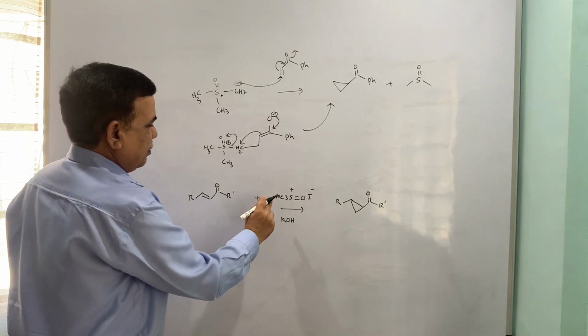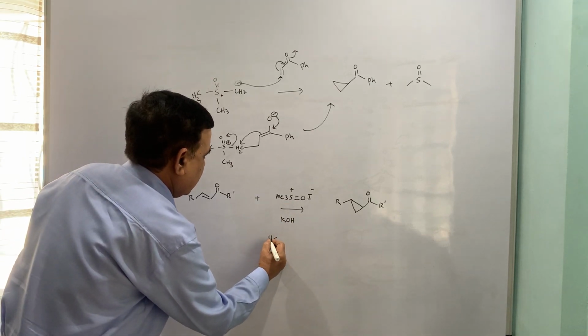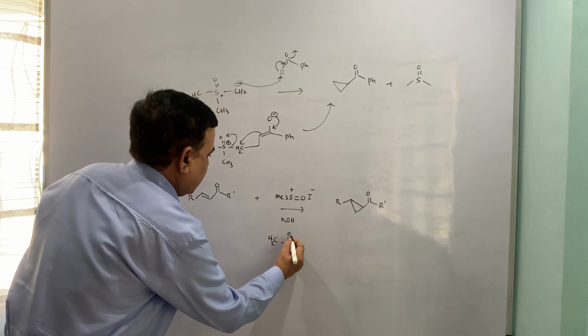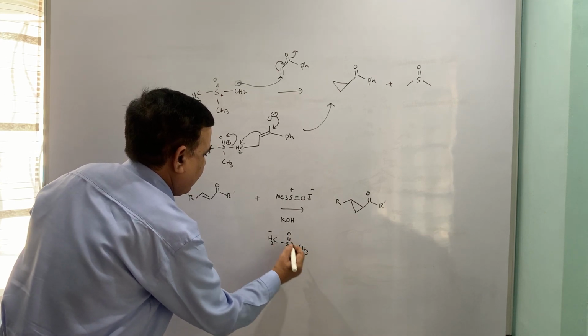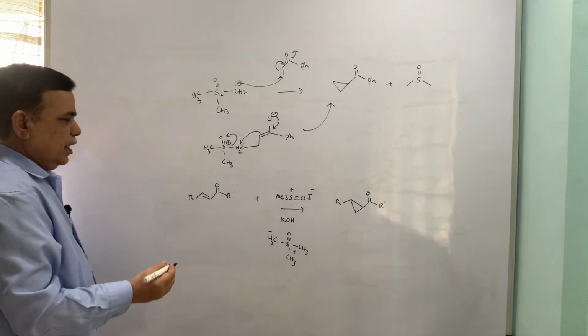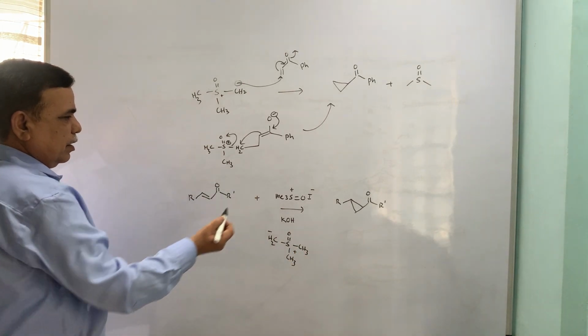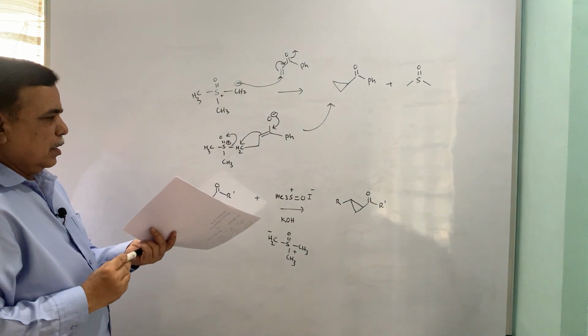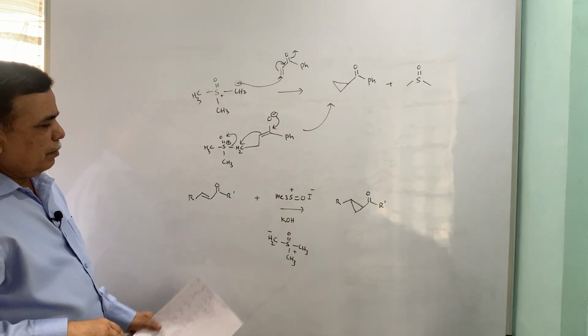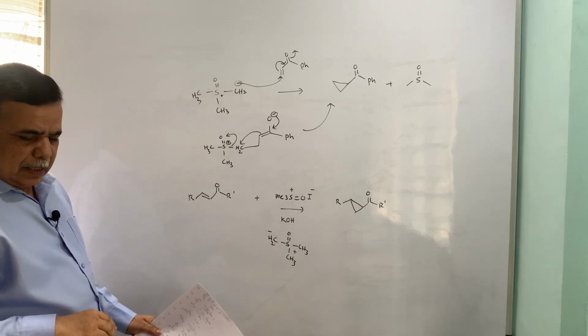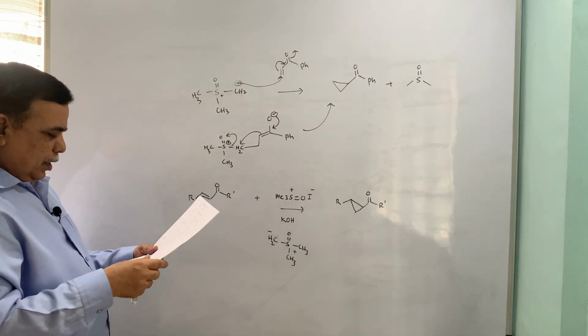Now this KOH will abstract a proton and you will get this compound. When this interacts with the double bond, you are bound to get the cyclopropane ring with the elimination of dimethyl sulfoxide as a byproduct.